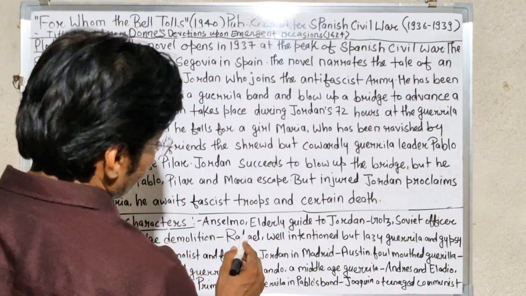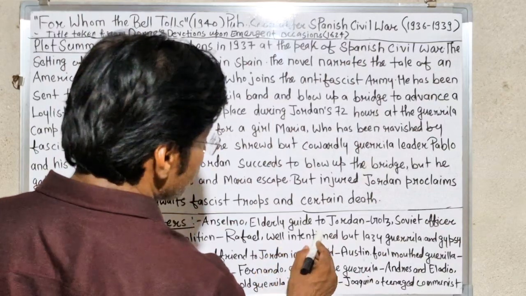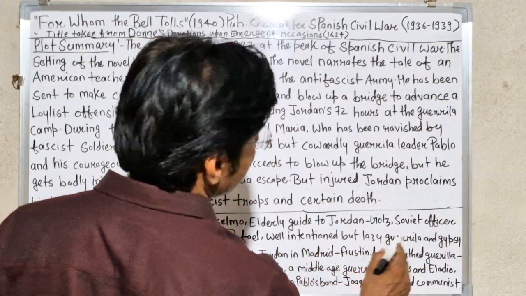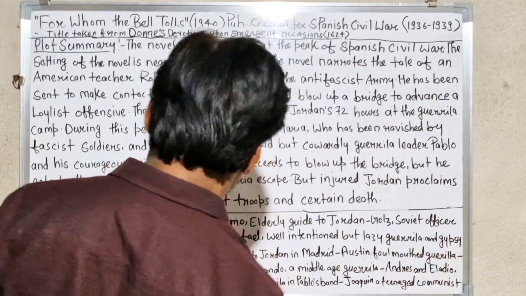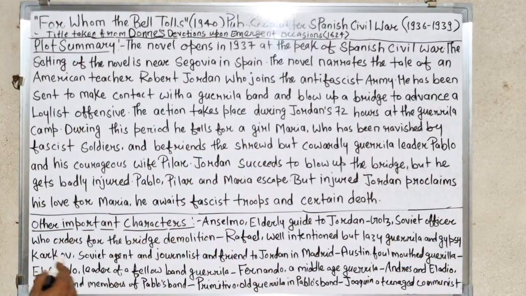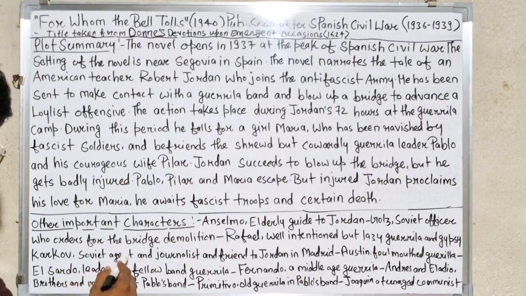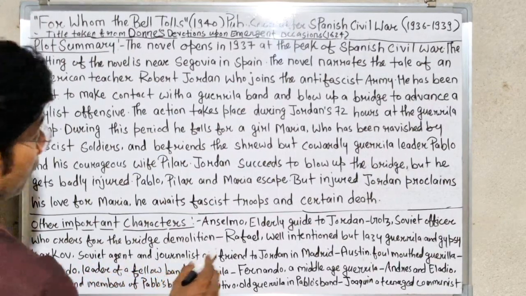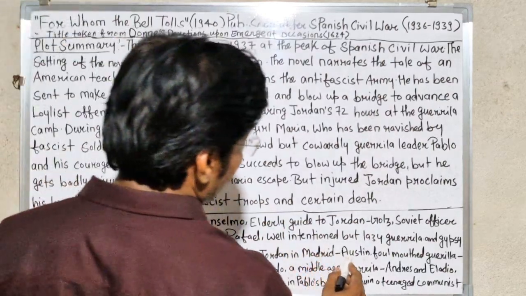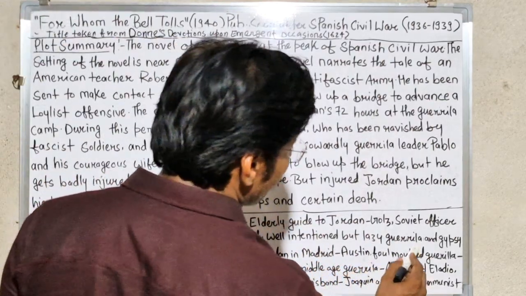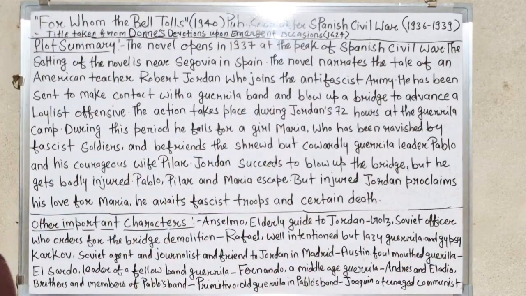Then Raphael, a well-intentioned but lazy guerrilla and a gypsy. Next, Kharkov, Soviet agent and journalist and friend to Jordan in Madrid. Next, Augustin, a foul-mouthed guerrilla.